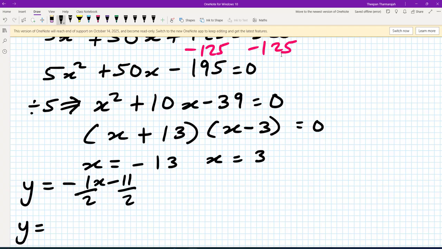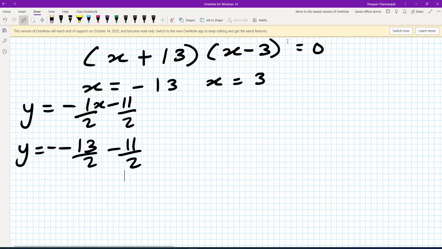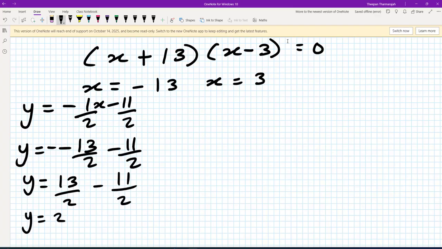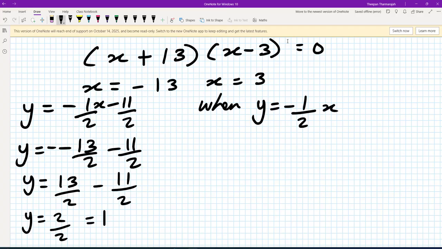So we're going to substitute minus 13. So it's minus of minus 13 over 2 minus 11 over 2. So that's 13 over 2 minus 11 over 2. So that gives me 2 over 2, which is 1. Now I'll do the same thing when x equals 3.